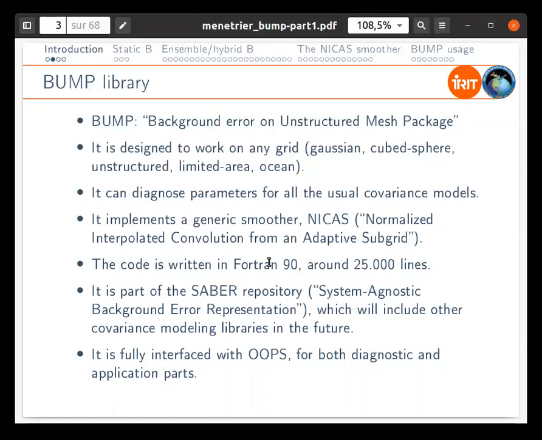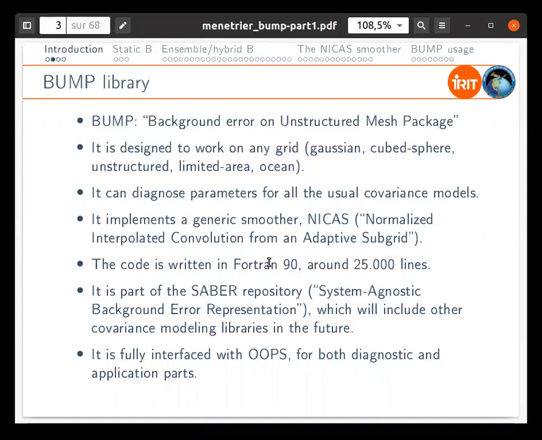It can also take the boundaries into account for the ocean. It is designed to integrate two aspects of covariance modeling. The first is the diagnostic of the required parameters, and then the efficient application of this covariance model.